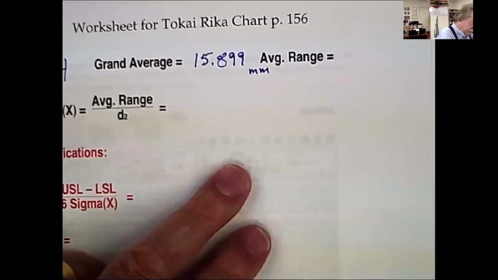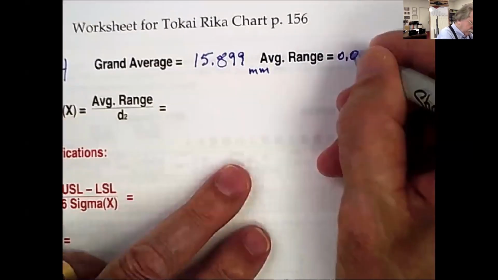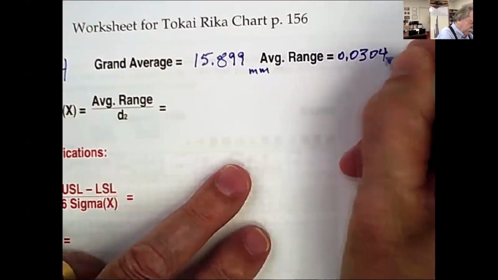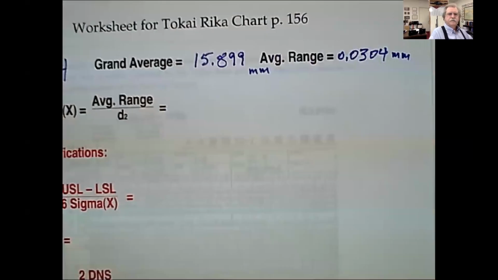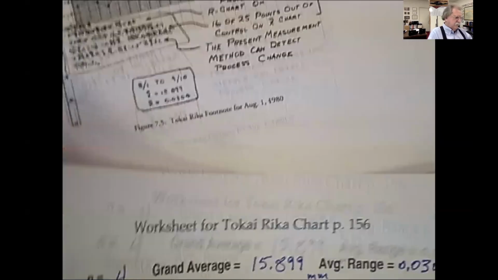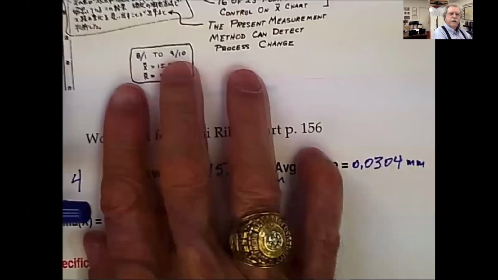And the average range, 0.304 millimeters. Can you find that? Down at the bottom of the page, right there in that little box.